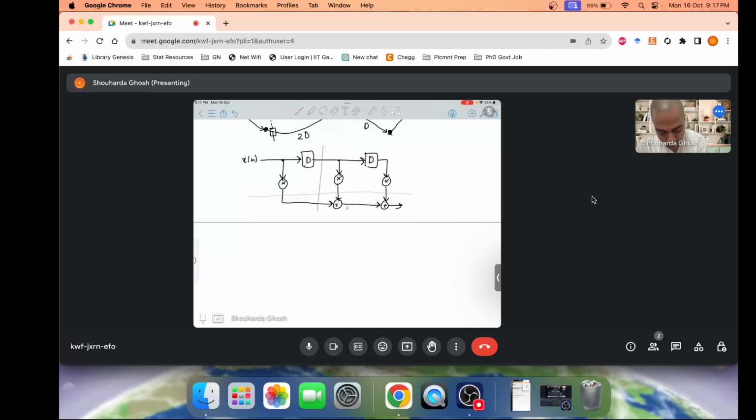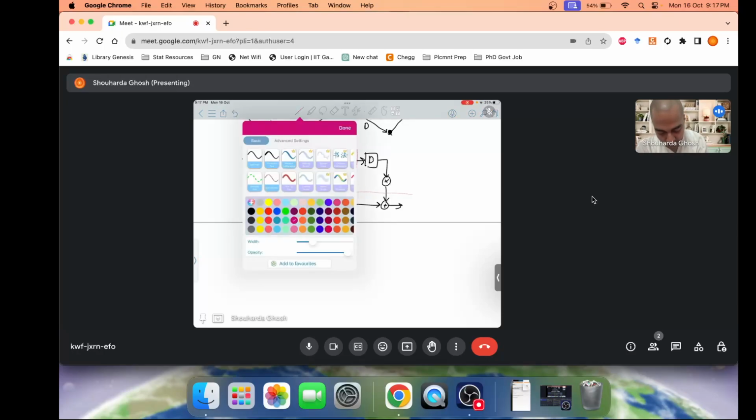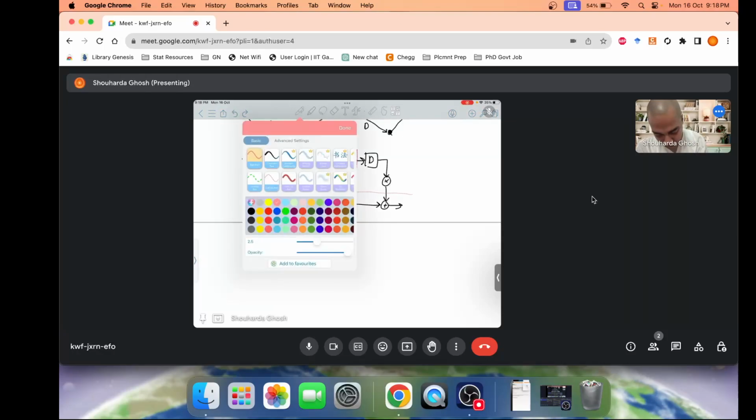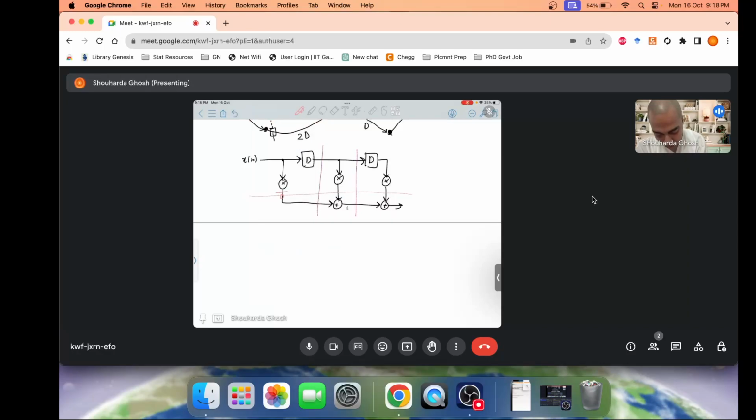This is one cut set cutting this and this. This is another valid cut set. So if I consider the pink one, I get a D over here, a D over here, and a D over here. So I have Tm and Tm and Tm.